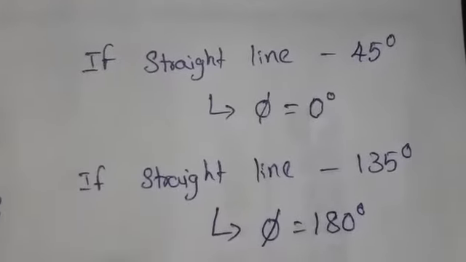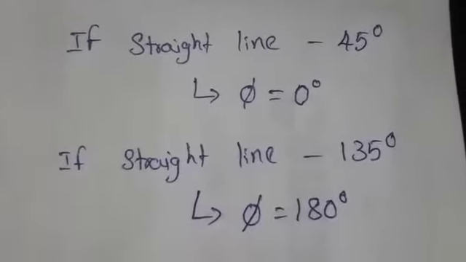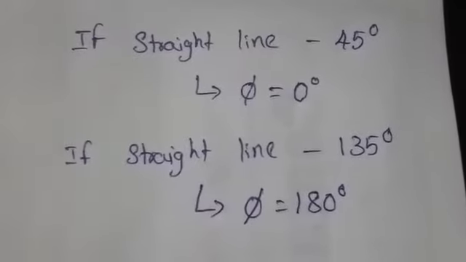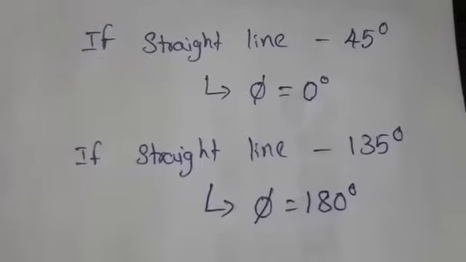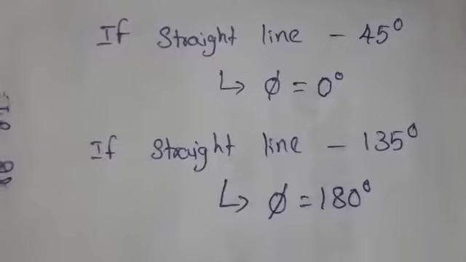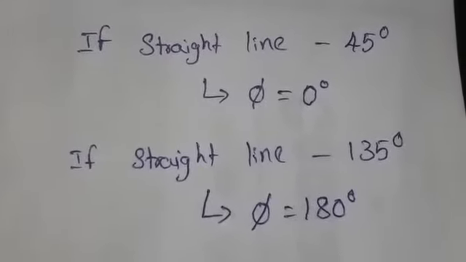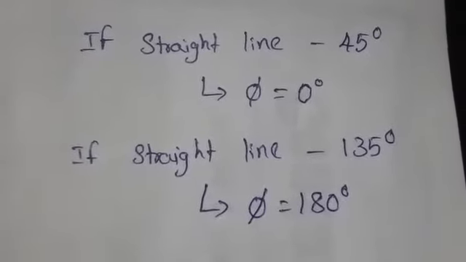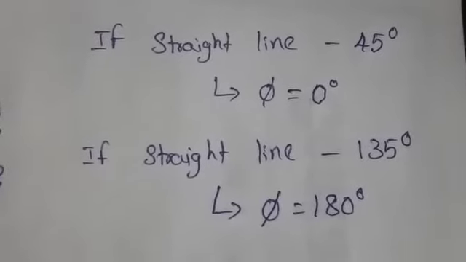If the straight line shape of the Lissajous figure is inclined at an angle of 45 degrees with the positive x-axis, then the phase difference between the two sinusoidal signals is 0 degrees.